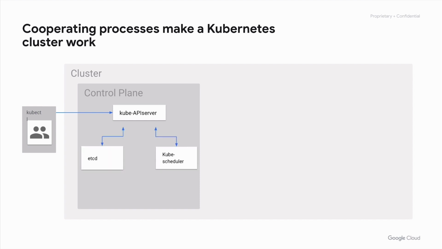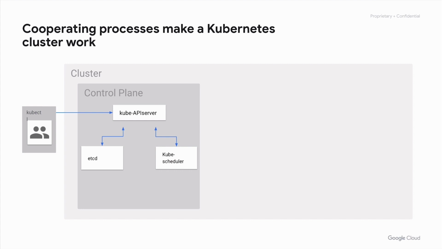etcd, or as some people call it, etcd, is the cluster's database. Its job is to reliably store the state of the cluster. This includes all the cluster configuration data and more dynamic information such as what nodes are part of the cluster, what pods should be running, and where they should be running.